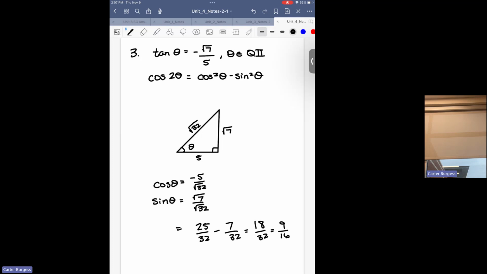All right, questions about our double angle stuff? Yeah, Dylan. The subtraction sign in there. You don't plug in the negatives. But I'm talking between the cosine squared minus the sine squared.